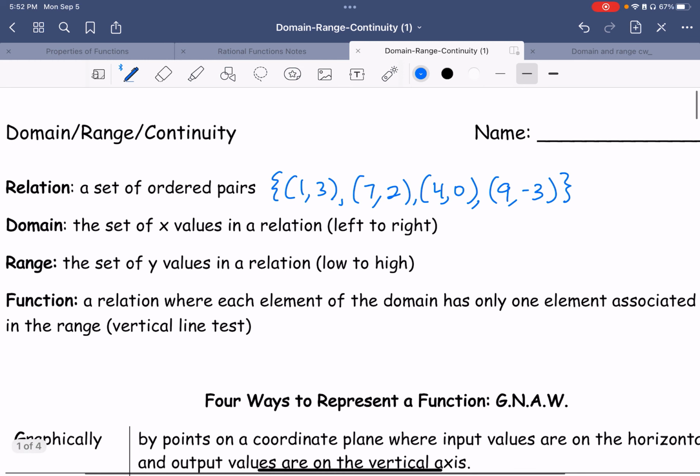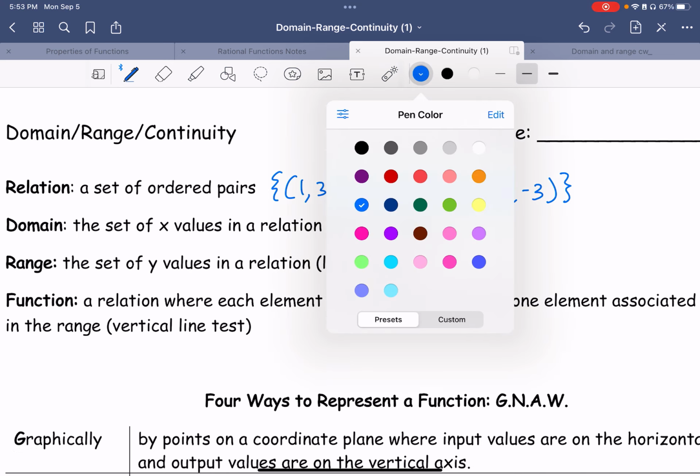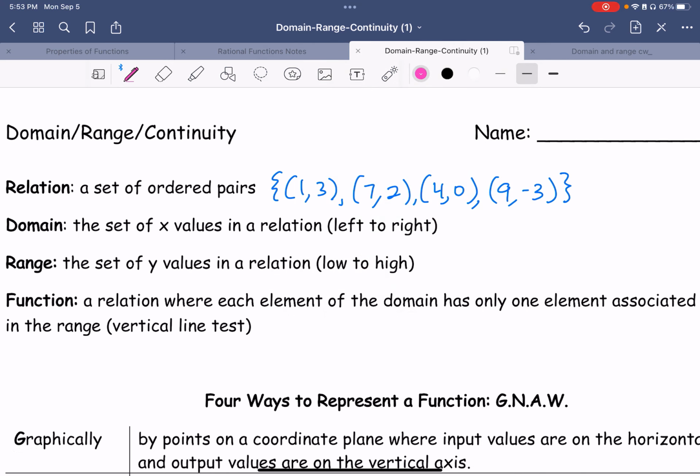Now, the domain is the set of all the x values in a relation, and you have to read those from left to right. Remember that coordinate points are written as x comma y. So the first number in the ordered pair will represent the x values that we need for the domain. I'm going to come to the relation we had done before, and I'm going to underline every single x value because those x values are the ones that are going to be in the domain.